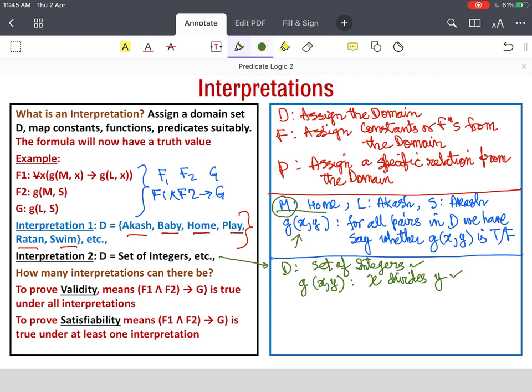It means that the remainder of that division is 0. Based on this, we will again check whether this formula F1 and F2 implies G is true or false for that interpretation. Given the set of integers, we could define many different functions.